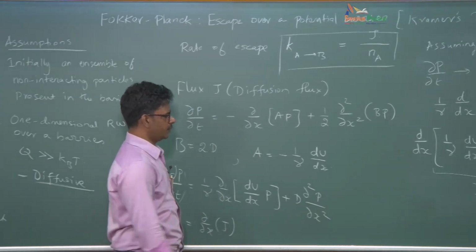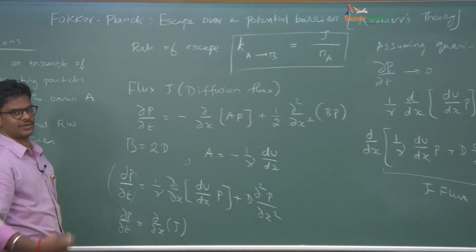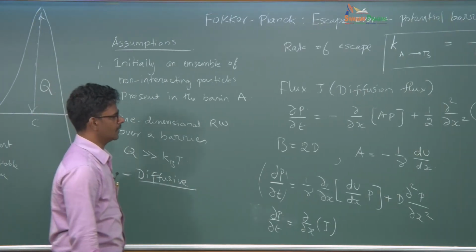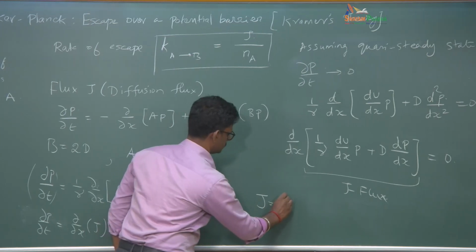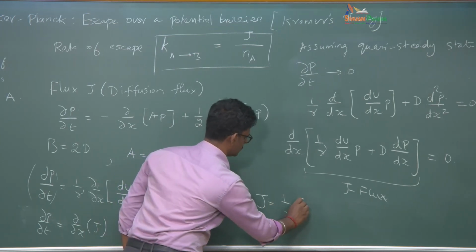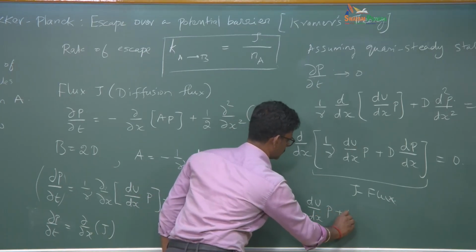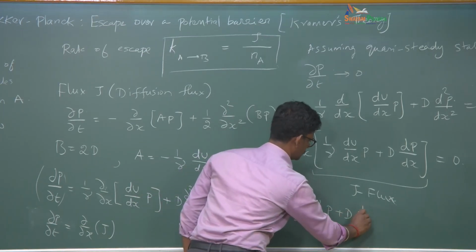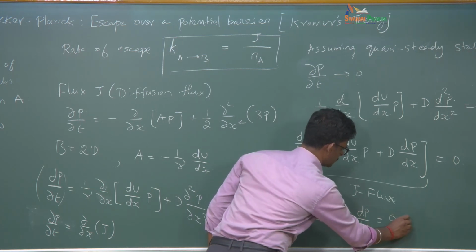We are saying the derivative of the flux is equal to 0, so that means J is constant. The flux is constant across this.